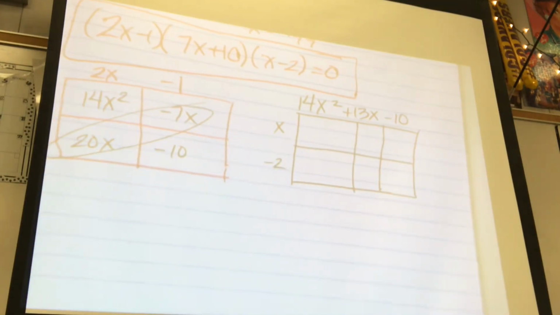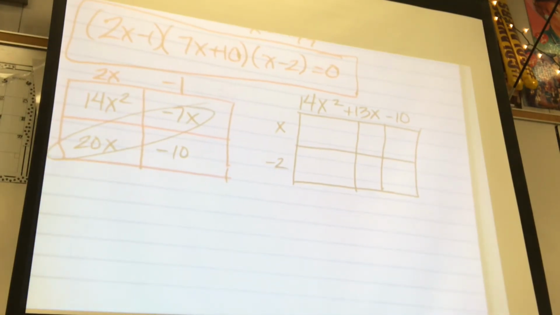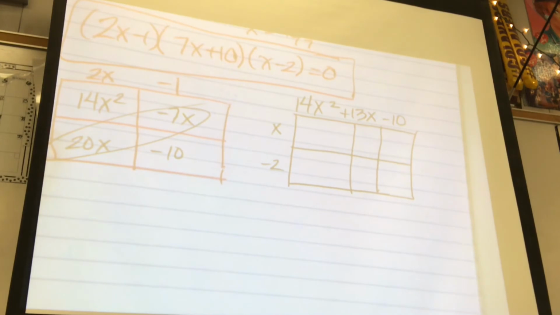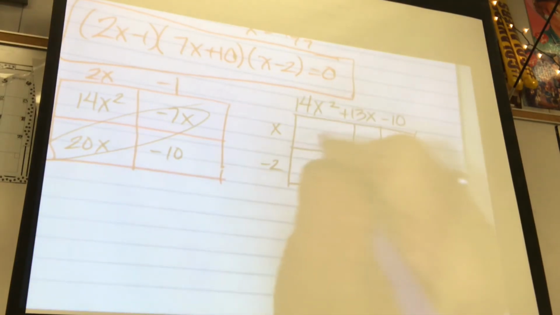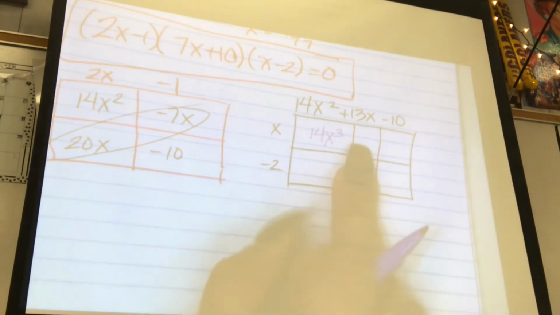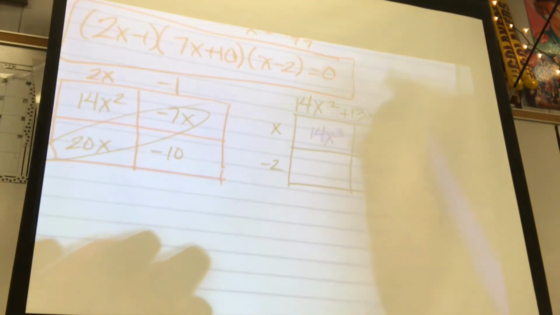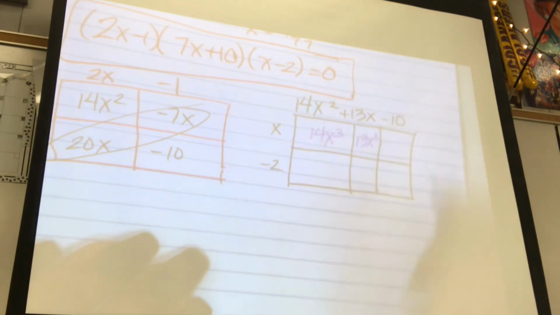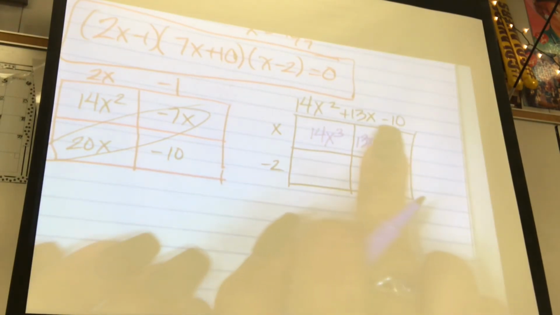Did I lose anybody there? Sean, you good? All right, Mina, help me out. Fill this whole thing out for me. Ready? 14x squared times x. Almost.